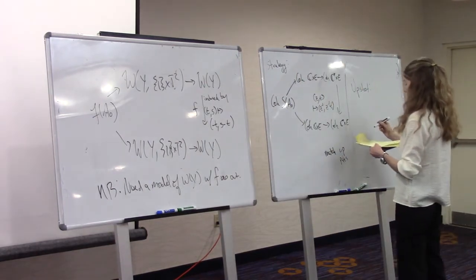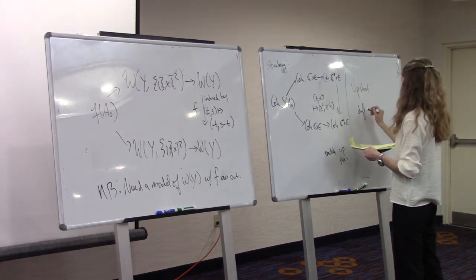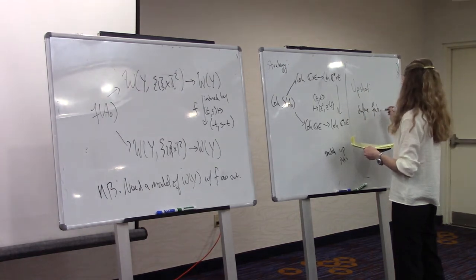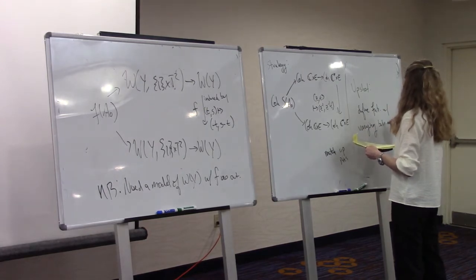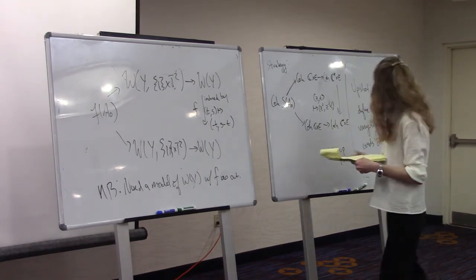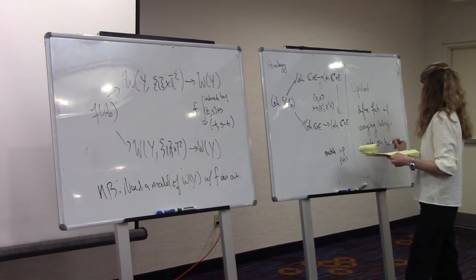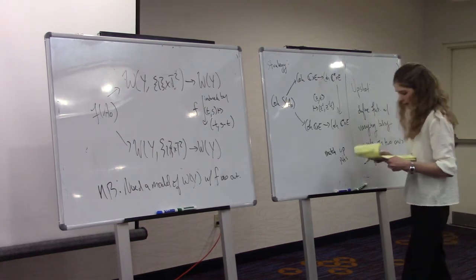So the upshot is you need to define a Fukaya category with varying boundary conditions on the ends. Not two ends.